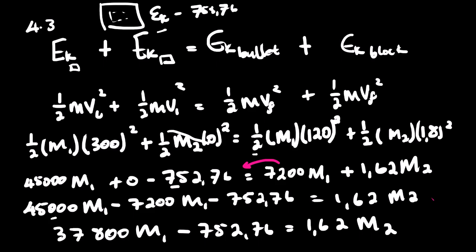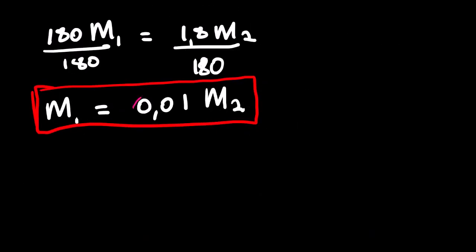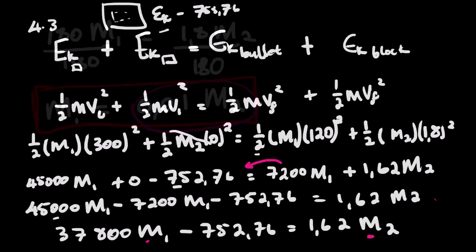Now we are looking for m2. We are looking for this, but you can see that we also have this m1. But we know that from the previous question, m1 is equals to this. So where we see m1, we can substitute by this.